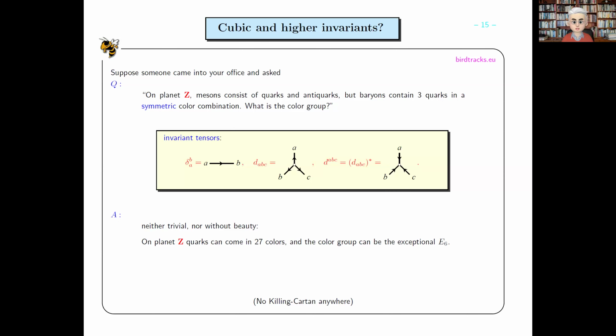And now, let's say Bernice Durand comes into your office, or Tony Kennedy or somebody, and says, but what if on planet Z you have quarks and antiquarks, but for baryons you have a symmetric color combination, because you're putting 3 bosons together, there's some other thing. Is that possible? Is there a Lie group that allows for it from the algebra? Turns out, answering this might take 1-2 years or might take a lifetime. Not trivial.